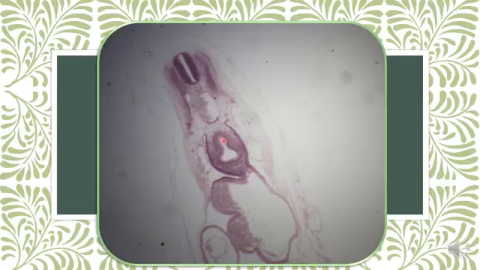the foregut. Here you can see the foregut beginning to divide by constrictions into ventral respiratory diverticulum and dorsally the esophagus.